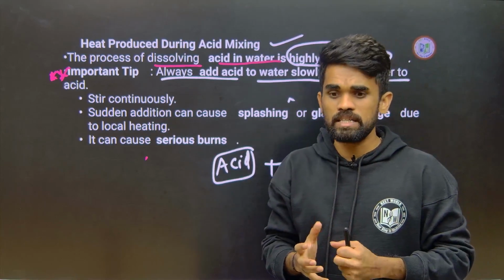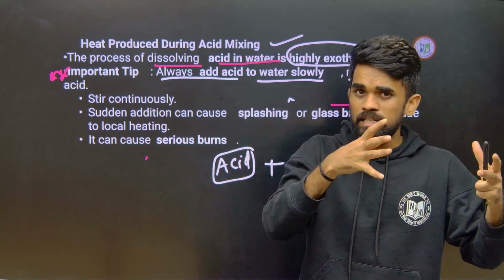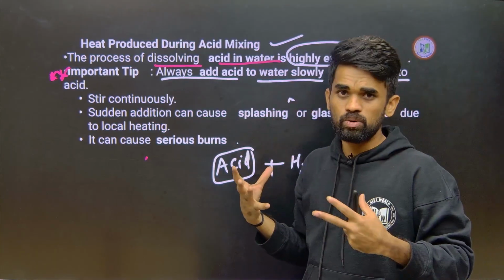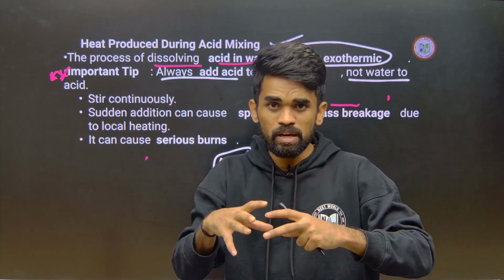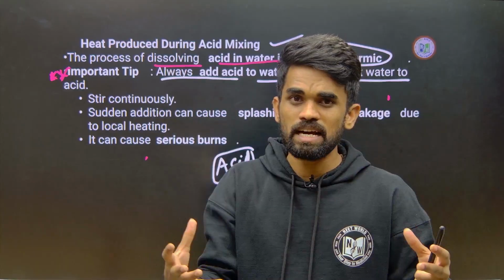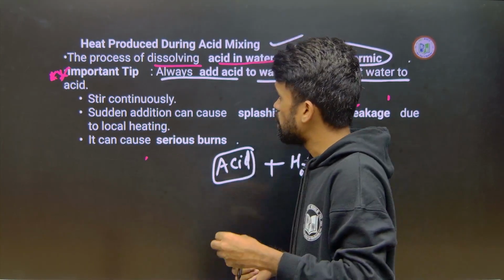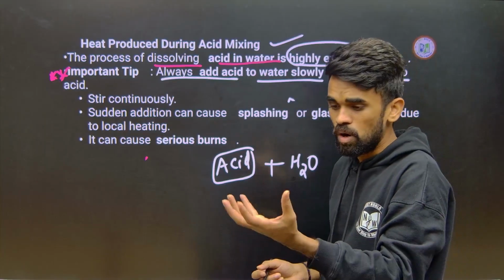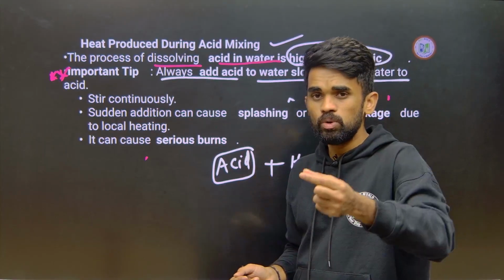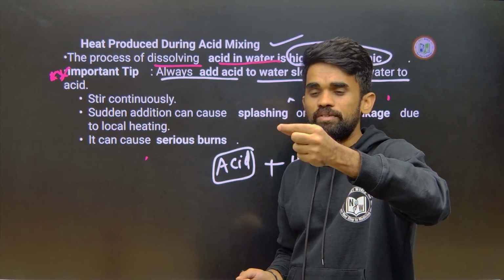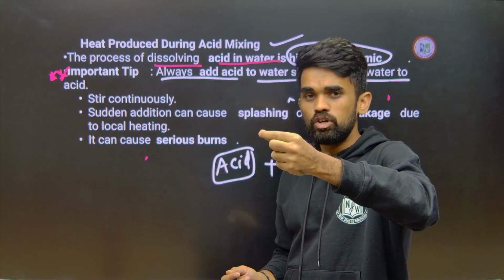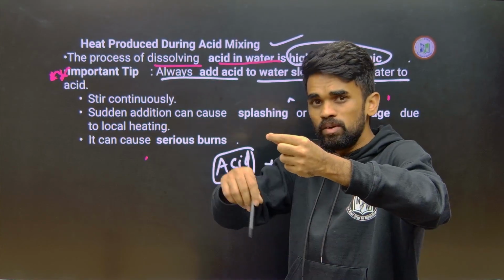Due to that reason, the acid may splash on the person who is handling it, or it may break the container also. So what we need to do is take the water in a beaker. To that you add acid drop by drop, whatever quantity you want, using a stirrer.